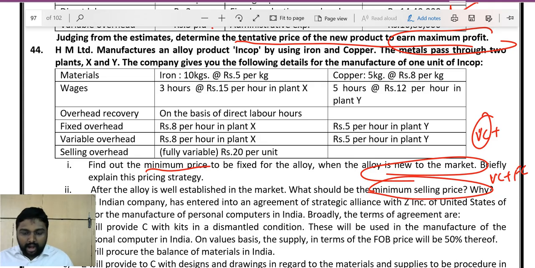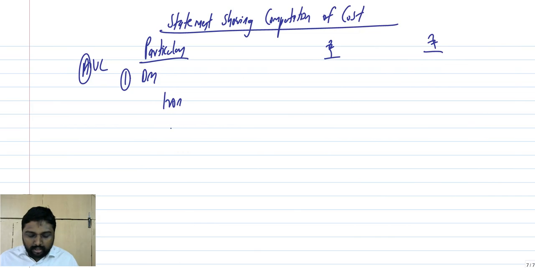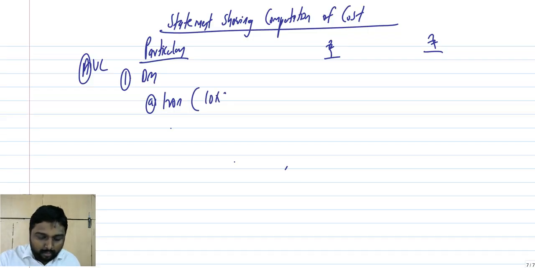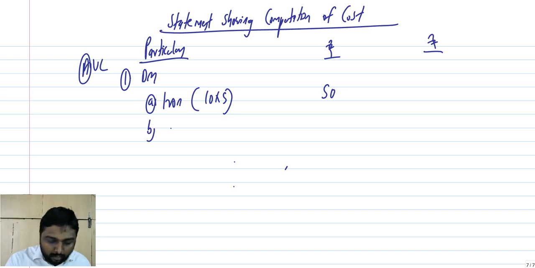Material, iron. What is it for iron? 10 kg into 5, 50. Copper. What is copper? 5 into 8.